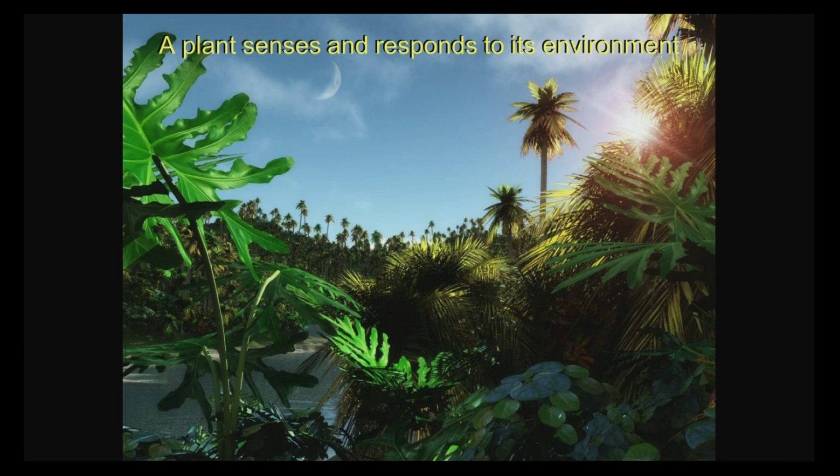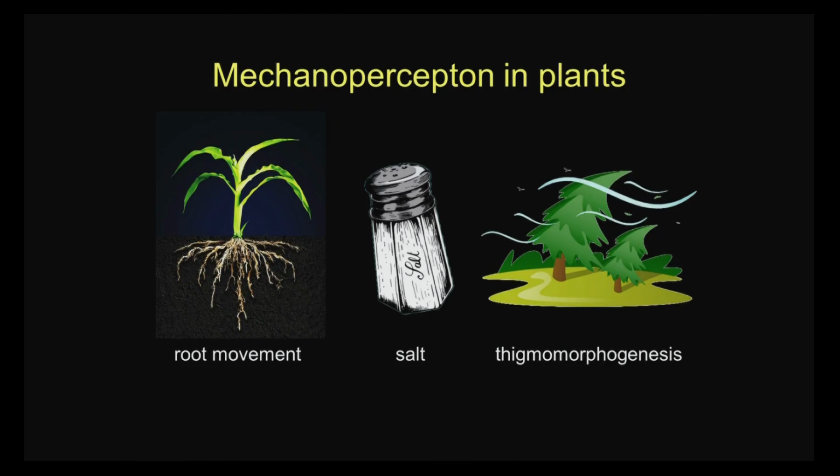And one environmental signal which plants sense is mechanical stimuli. And mechanical stimuli can take different forms. For example, you can imagine a root system. So Todd showed these images of roots, and these roots need to grow down through the soil, through this soil substrate, and there they'll be touching components of the substrate, and they can respond to this.